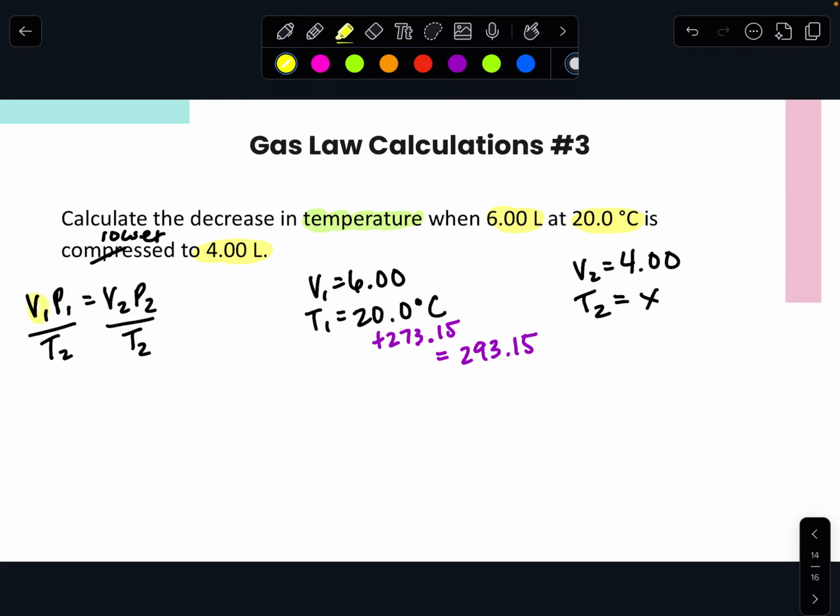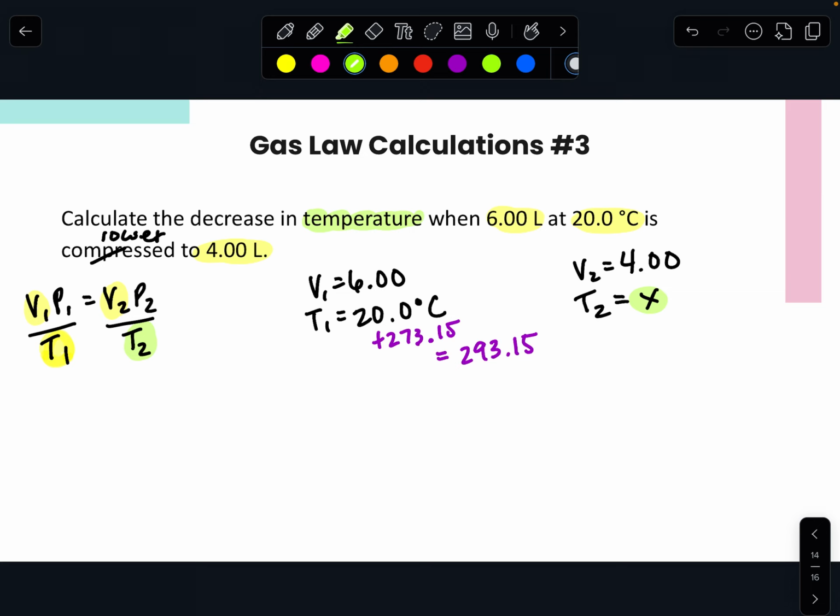So I'm told a volume. I'm told a starting temperature. I'm sorry, that should be a T1, not a T2. I got a little ahead of myself there. So I have a starting temperature and I have a final volume, and I'm calculating that final temperature, right?